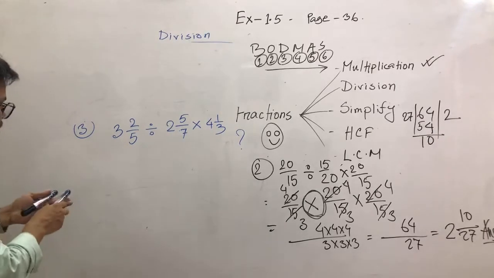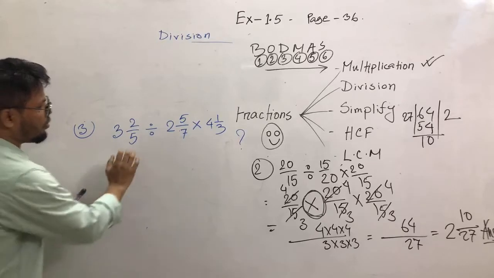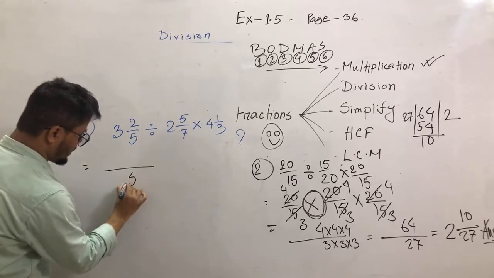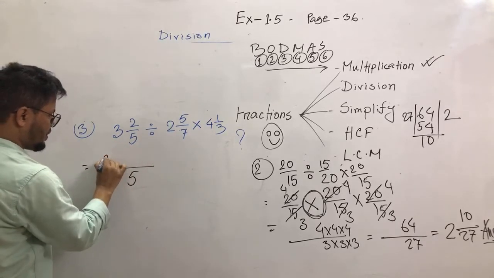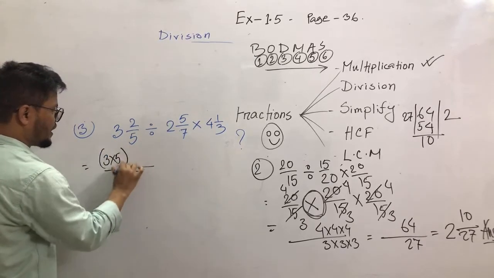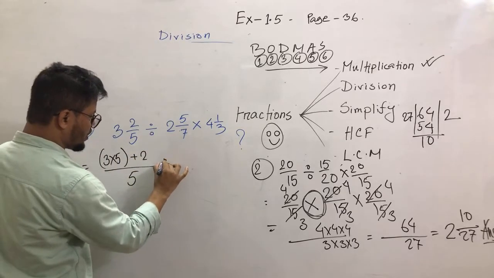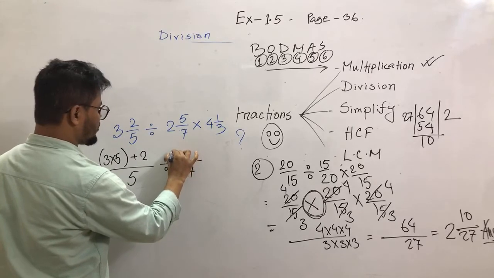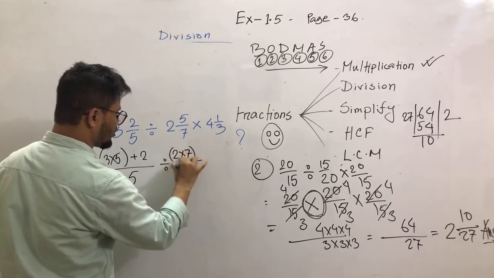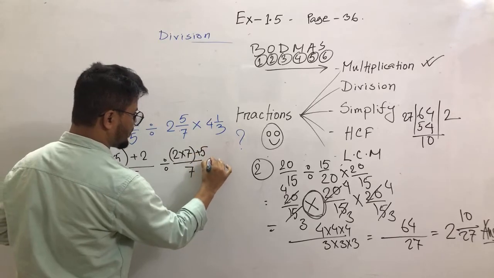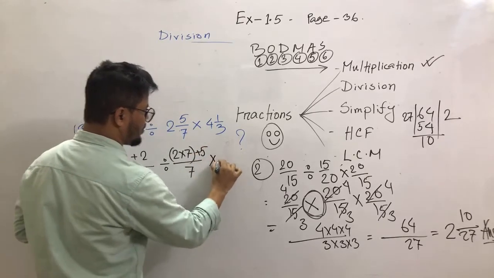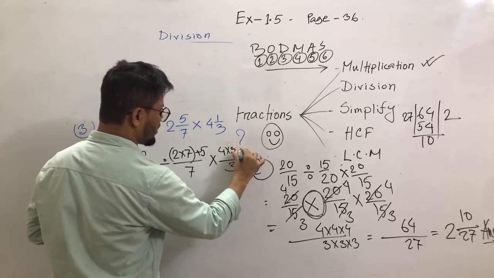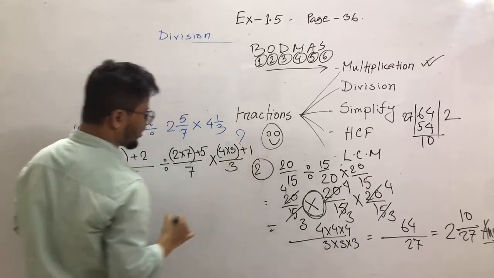Okay, first we have to convert all mixed fractions into improper fractions. Like this one: 3 multiply 5 plus 2. This is the divide. Then 2 multiply 7 plus 5, and then 4 multiply 3 plus 1.